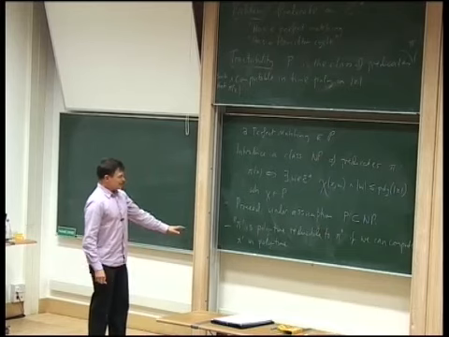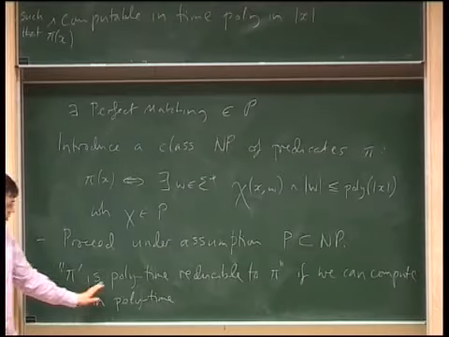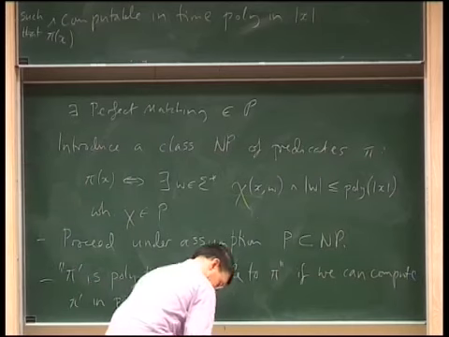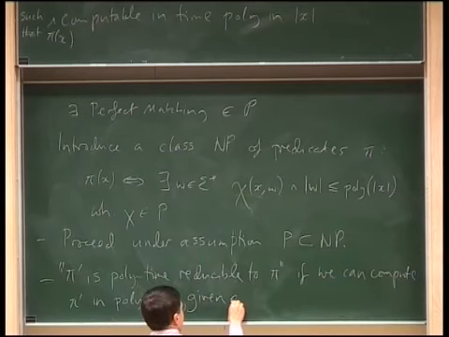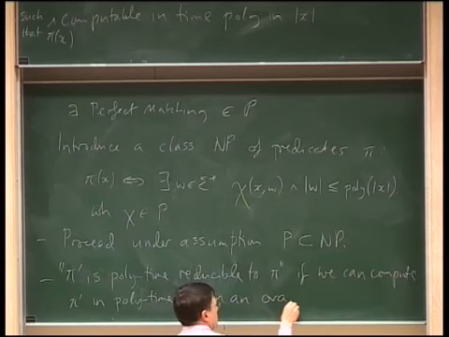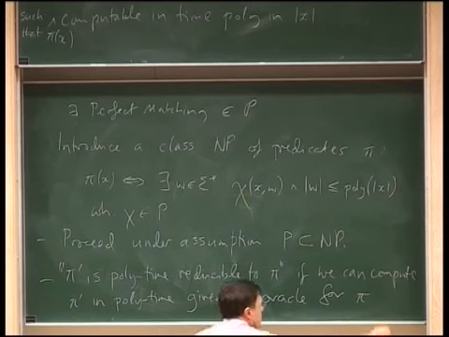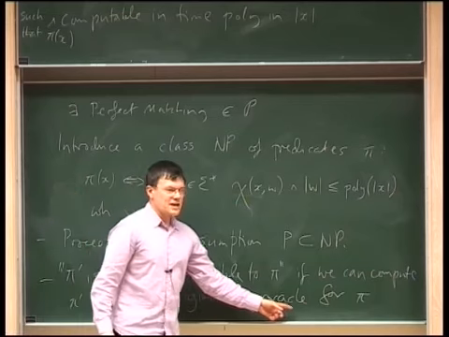So if we have a program for pi prime which runs in polynomial time given an oracle for pi, I would almost say subroutine here.